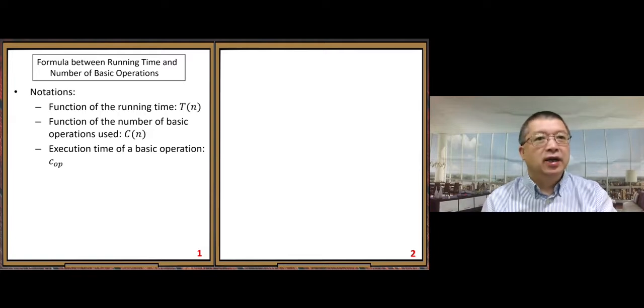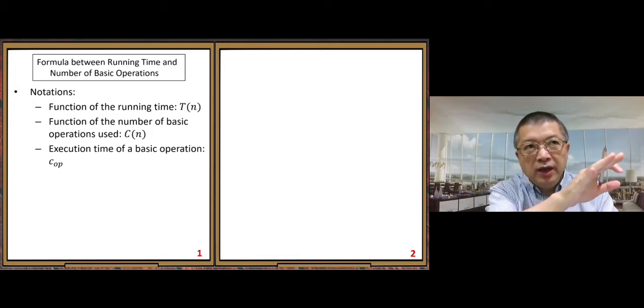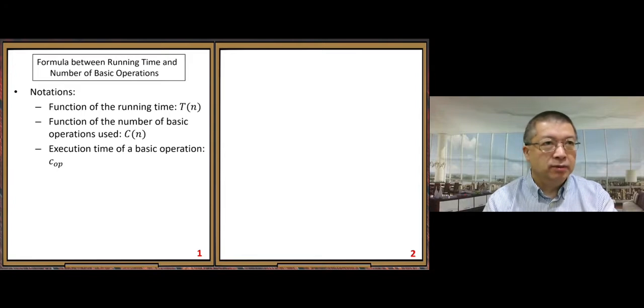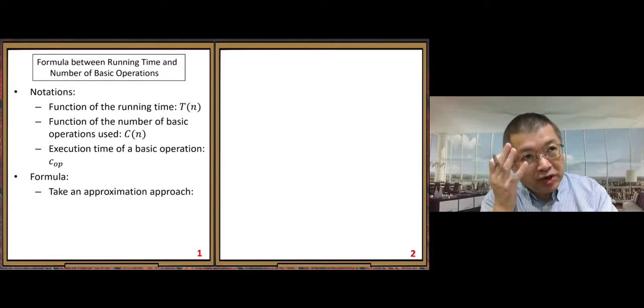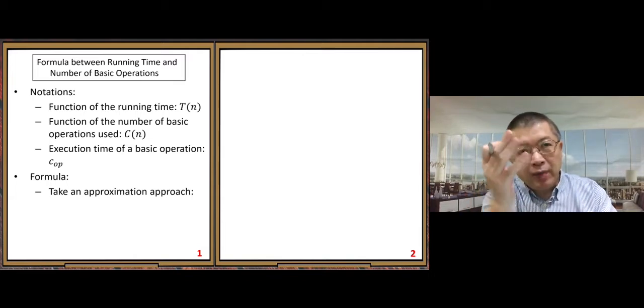Then we can write the relationship, the formula between running time and the counting number, C of n. Very simple. We use an approximation representation. May not be very precise, but a pretty close approximation.